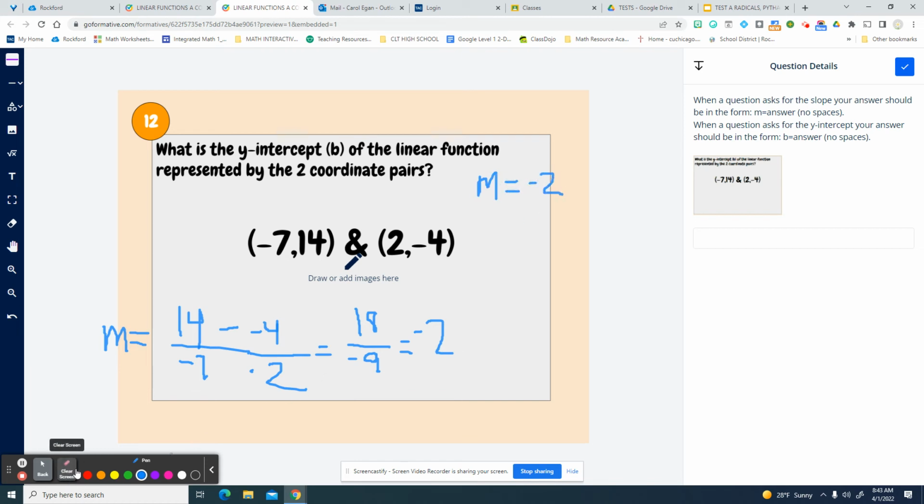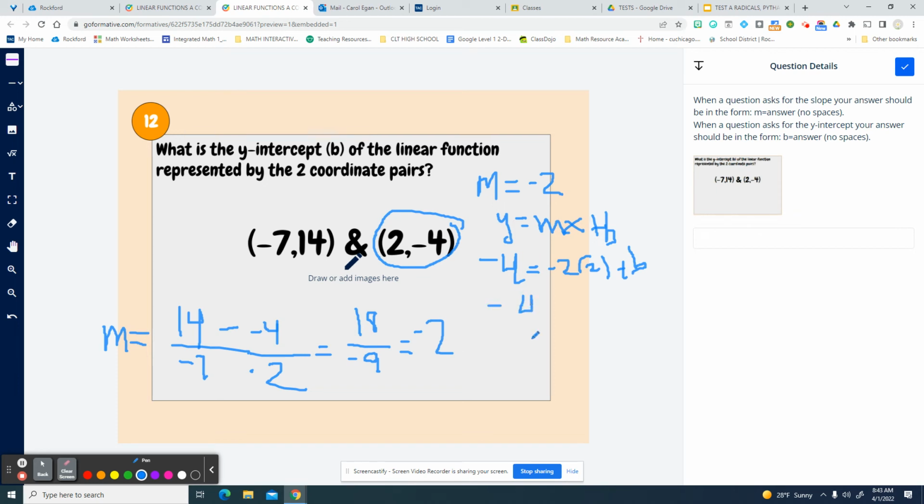And we're going to choose one of these points. Neither one of them are both positive, so I'm going to pick the smaller numbers. And I'm going to substitute that into y equals mx plus b. So -4 equals -2 times 2 plus b.